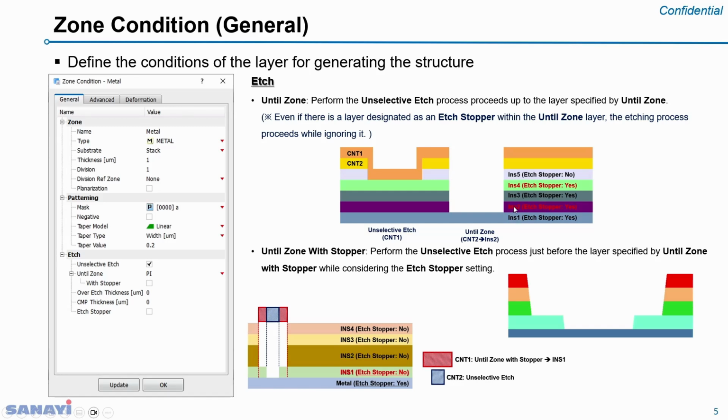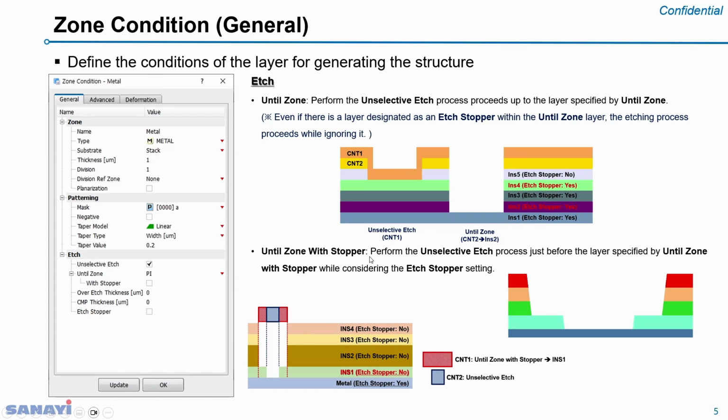If the purple layer insulator 2 is selected in until zone, whether there are etch stoppers like insulator 3 or insulator 4, the etching process proceeds up to the layer specified by until zone insulator 2.